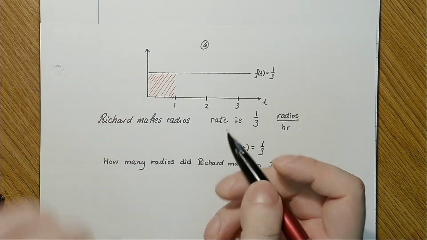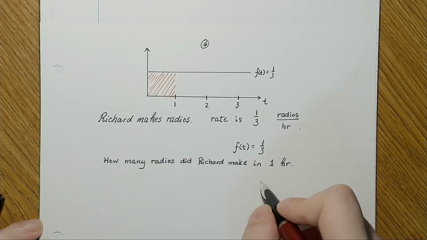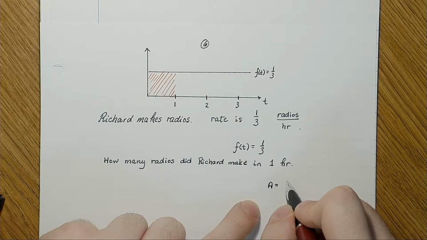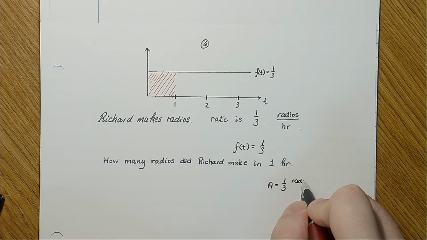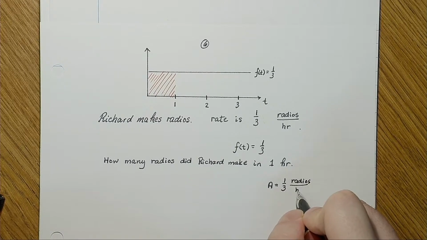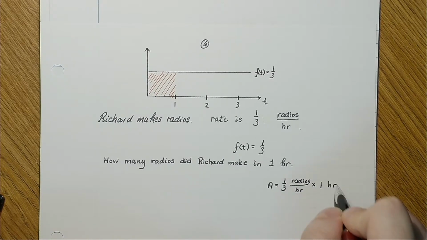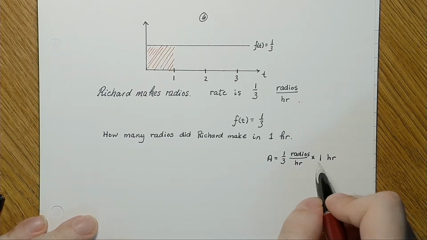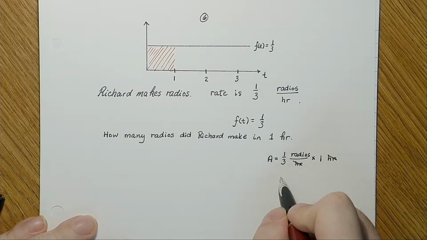So 1/3 times 1 should give me my total number of radios, so that would be my area. The area is equal to 1/3 radios per hour times 1 hour. And this is why I like to use units sometimes. You can see that the hours cancel, and I'm left with 1/3 radio.